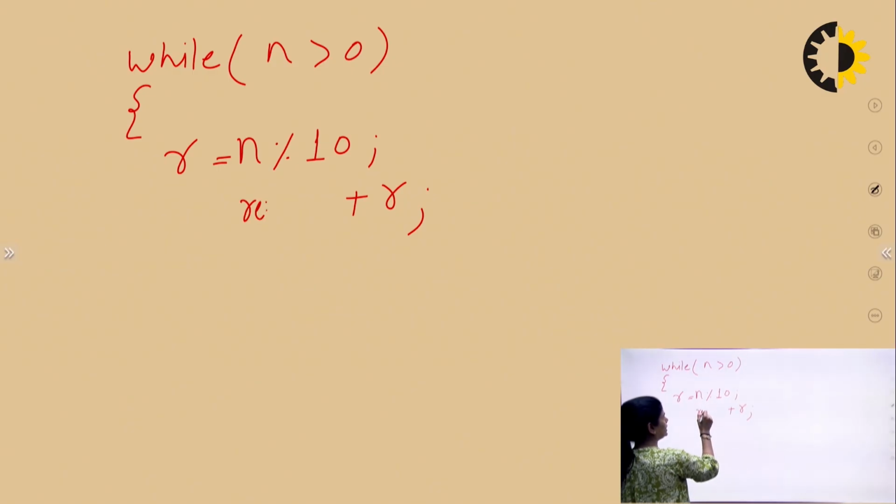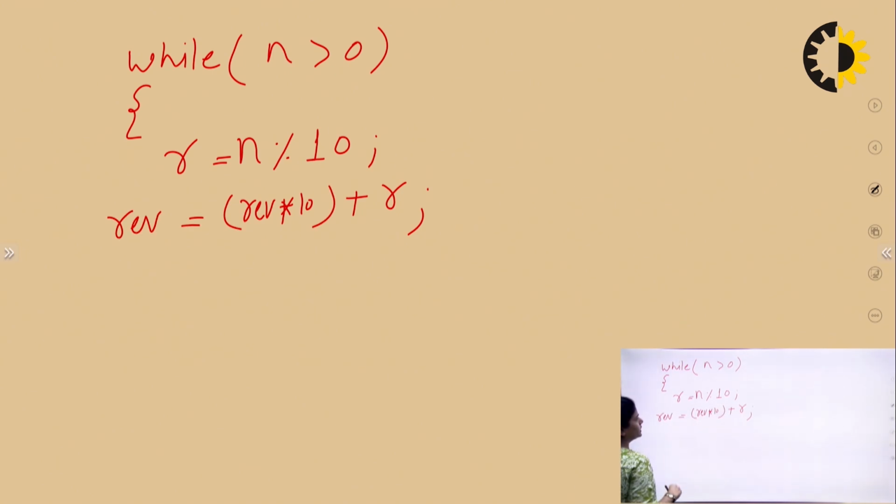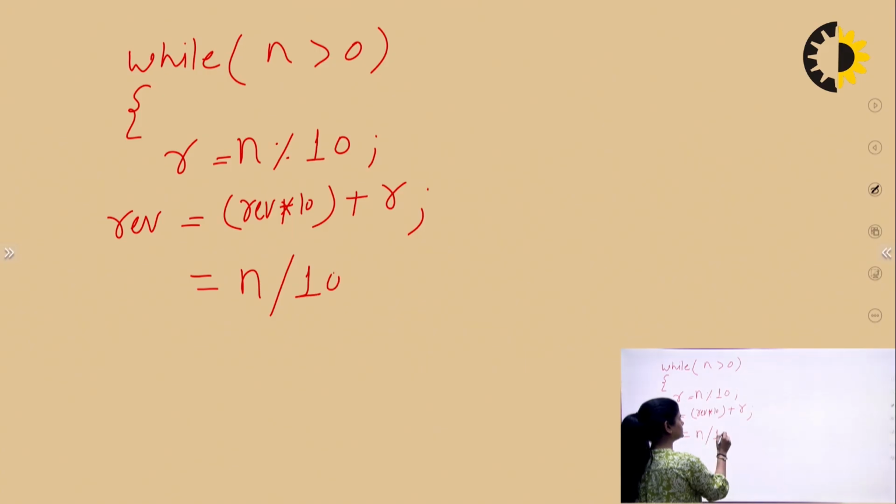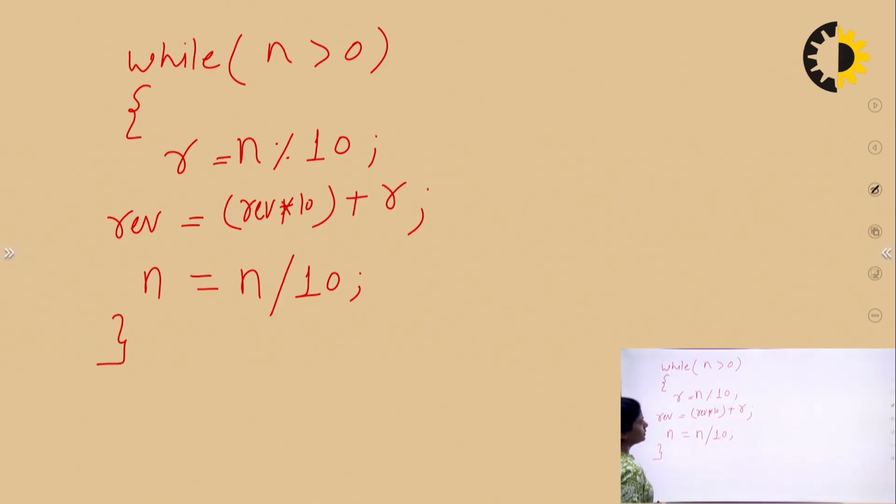Here rev reverse multiply with 10 equal to updated reverse. Now next line is n divisible by 10, which is assigned in new n. Now this is close.